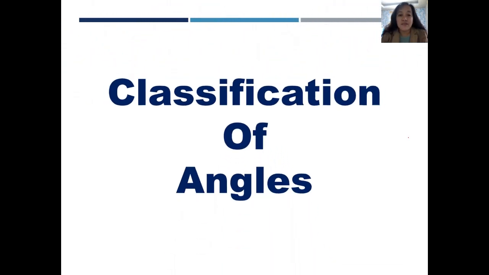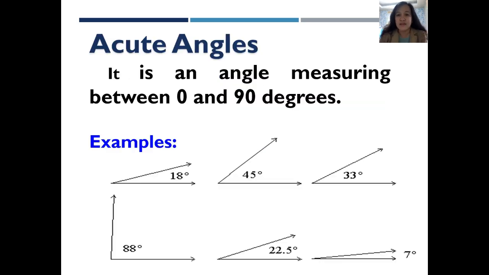What about the classification of angles? Can you still remember those? Yes, the first one is the acute angle. Remember that if an angle measures between 0 and 90 degrees, it is acute. See the given examples.